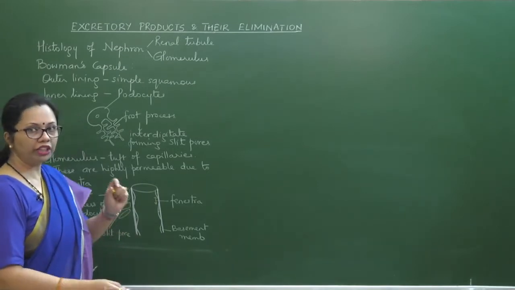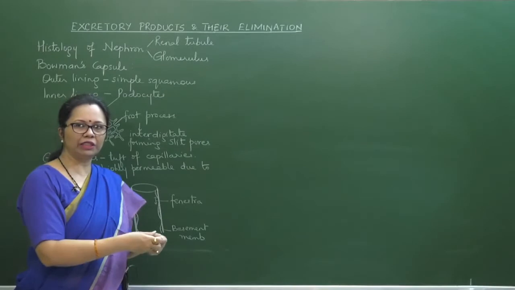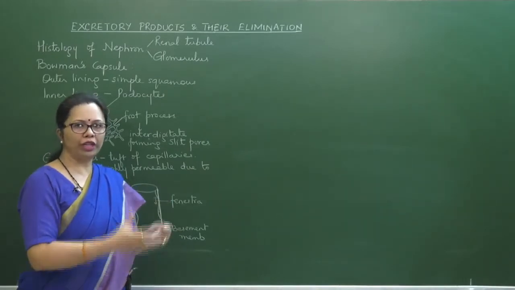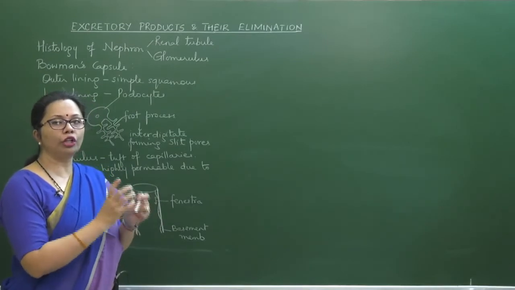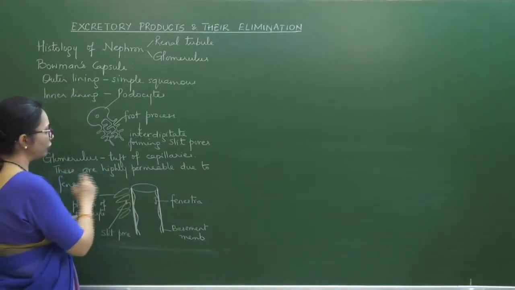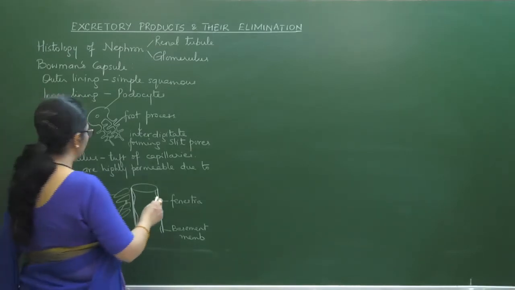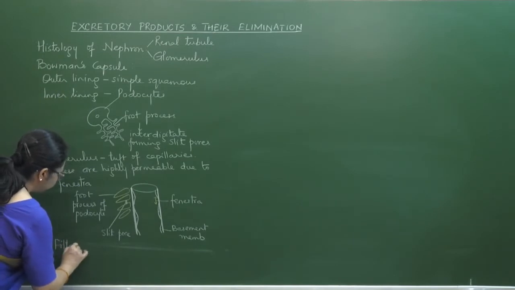So just like in respiration, as we had mentioned, the alveolar epithelium, the basement substance plus the endothelium together, that is making the respiratory membrane or the diffusion membrane. Same way here, these three things together, they form the filtration membrane. Okay, so similarly here we can use the term filtration membrane.